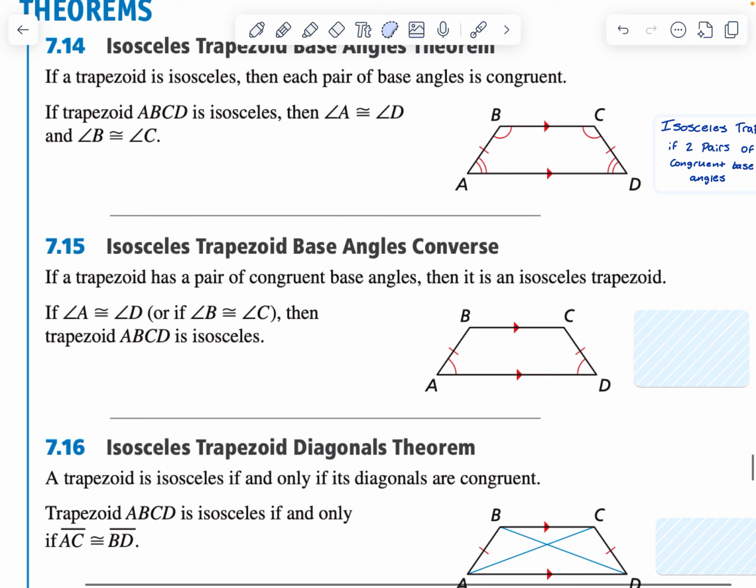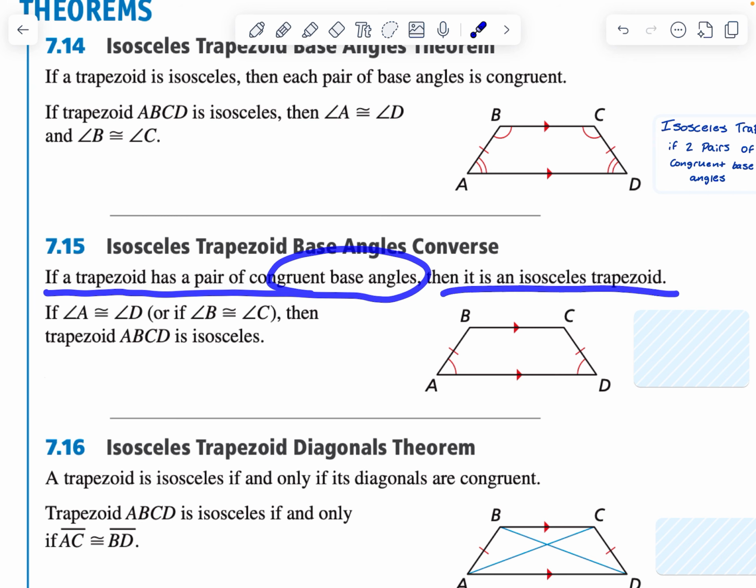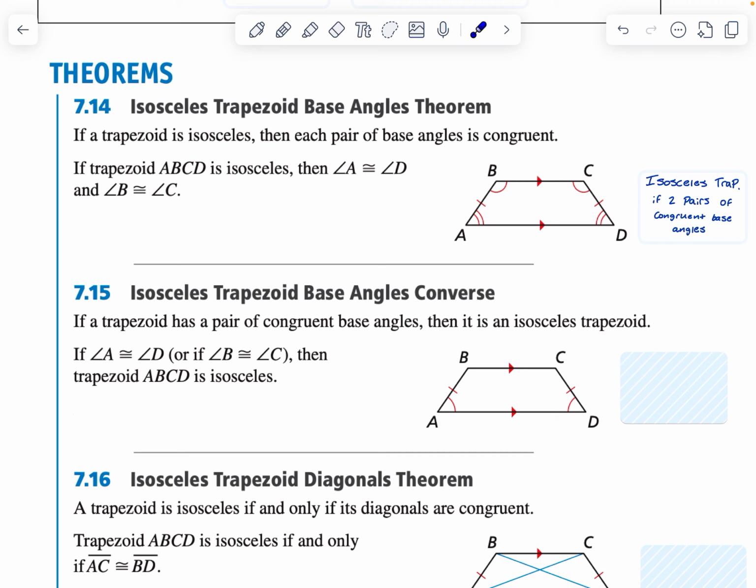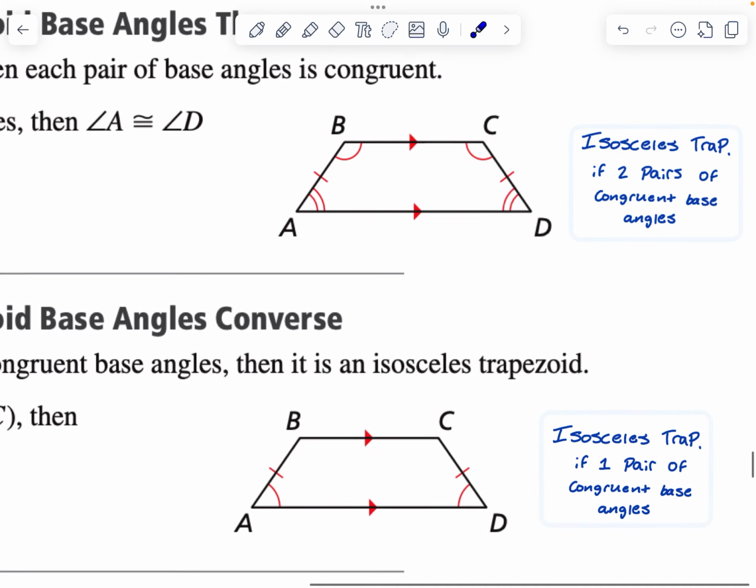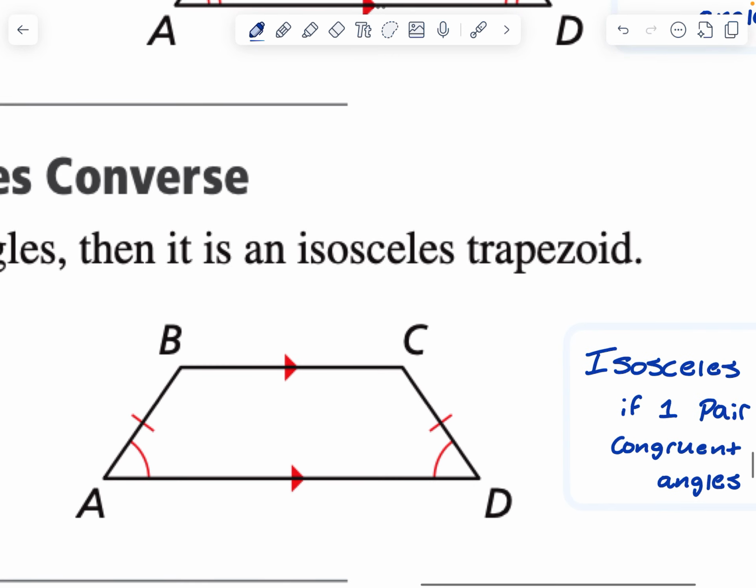Our second one is that if a trapezoid has a pair of congruent base angles, then it's an isosceles trapezoid. Well, this is pretty similar to the one above it. But we can do the same whether we have two pairs or just one pair. Again, I'll use the same example. If this angle is 120, that means that angle over there has to be 120.